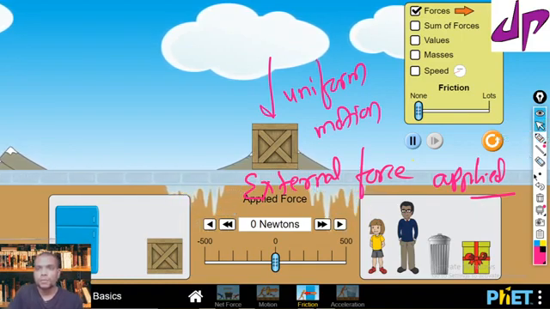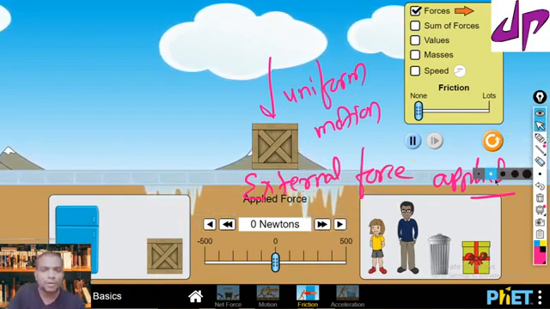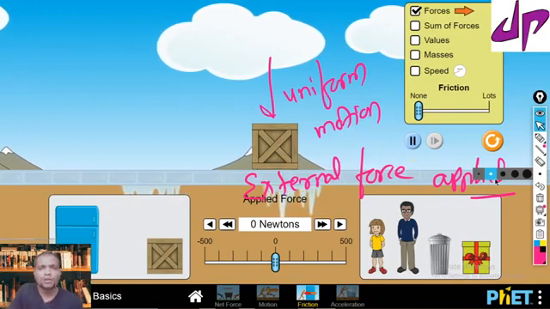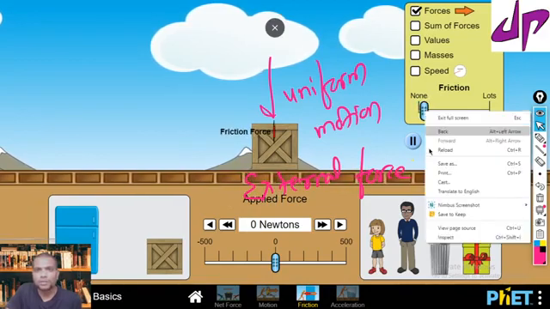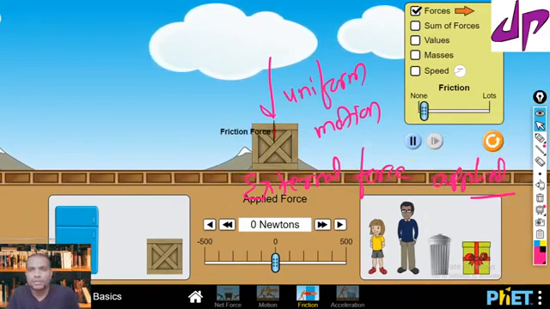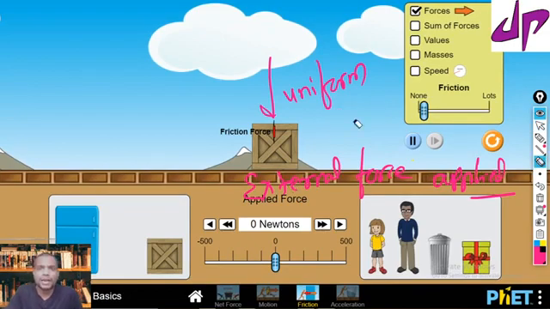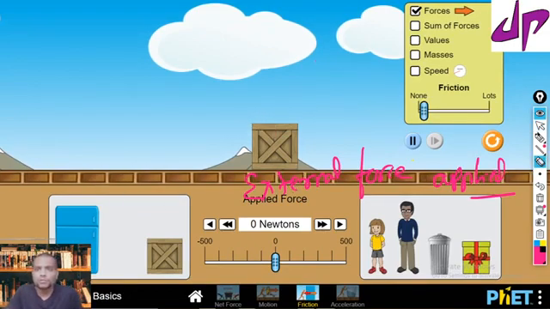So here my external force is nothing but what? I want to stop the box. I want to make it stop. So what shall I do first? Now here I would like to increase the friction. Now if I increase the friction, you can see I applied an external force.